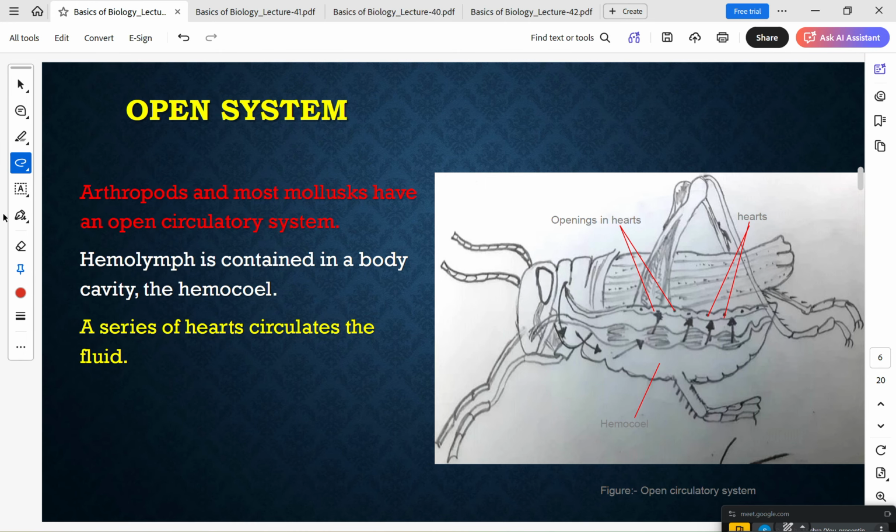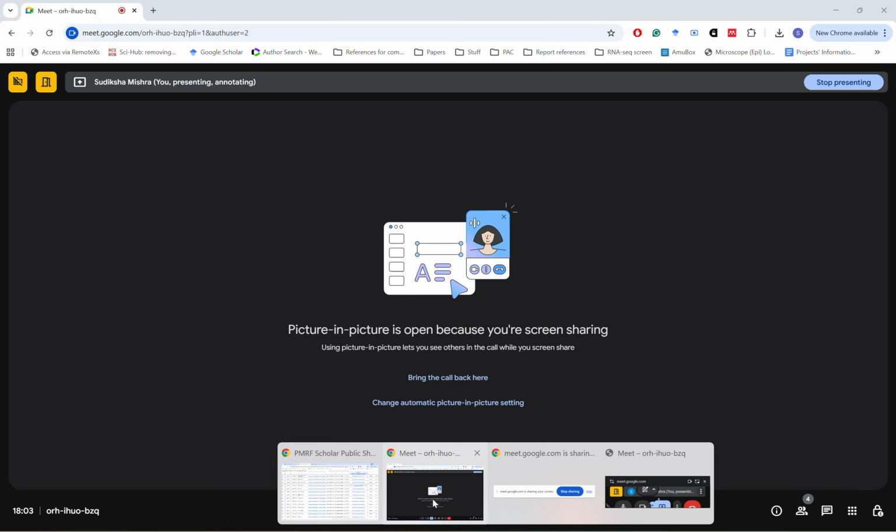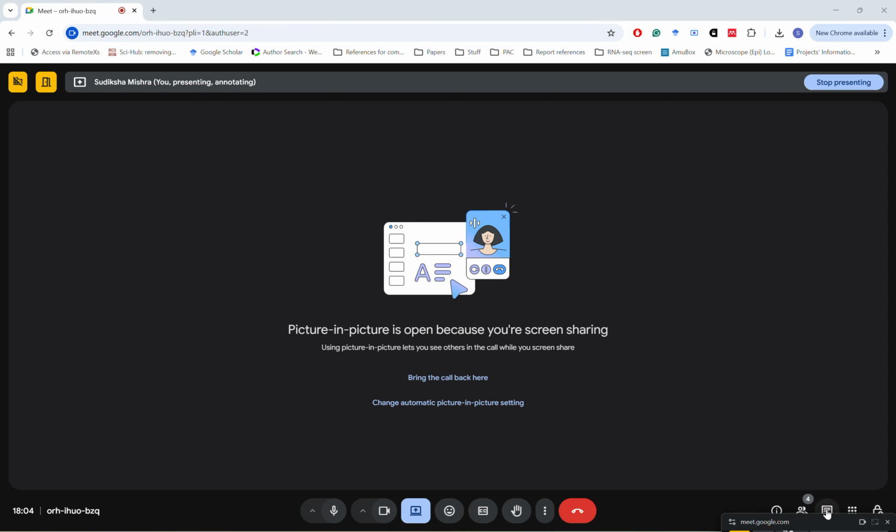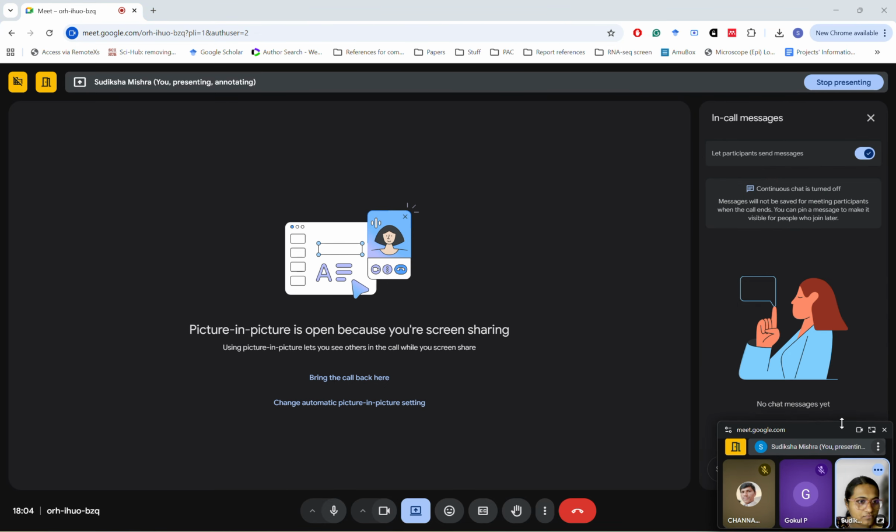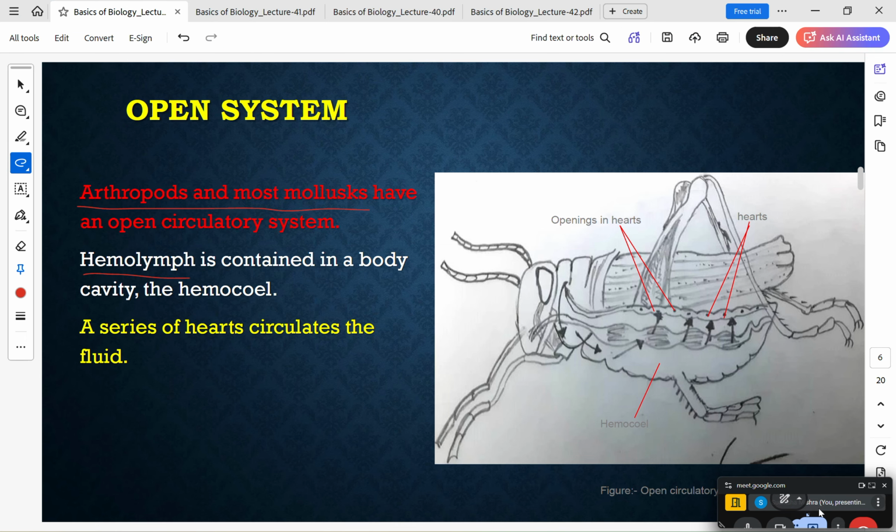Open system, as I said, is usually found in lower animals, especially arthropods and mollusks, in which case the blood is called hemolymph, whereas the body cavity where the hemolymph flows is the hemocoel.